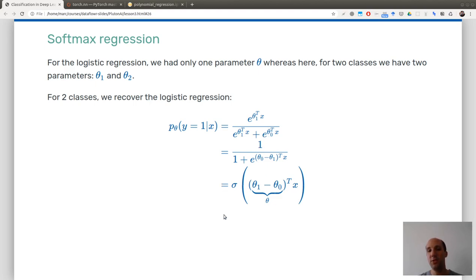It's very easy to see that you obtain exactly the same function as before, the sigmoid applied to theta times x, where theta is just the difference of the parameters. So you only have 1 degree of freedom. So softmax regression is just an extension of logistic regression to more than two classes.